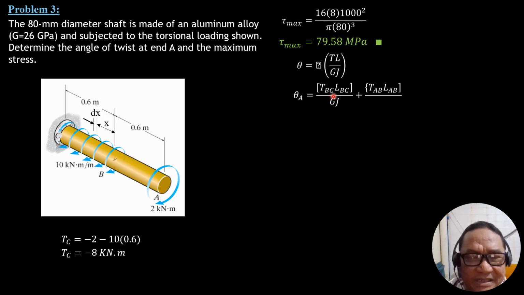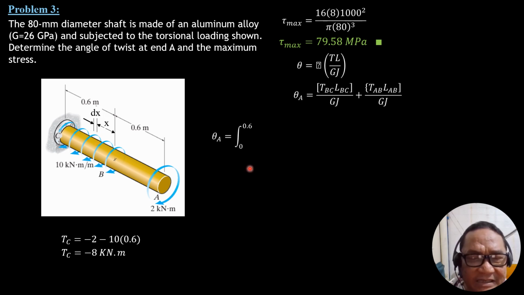So torque BC, length BC over GJ for portion BC, then plus in portion AB, torque in AB, length AB over GJ. So this is by integration because we have a load torque which is per unit length.